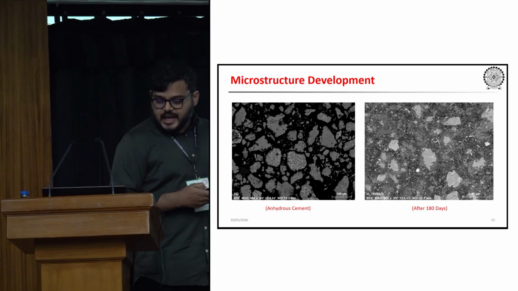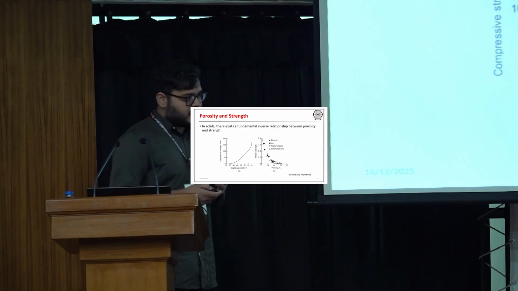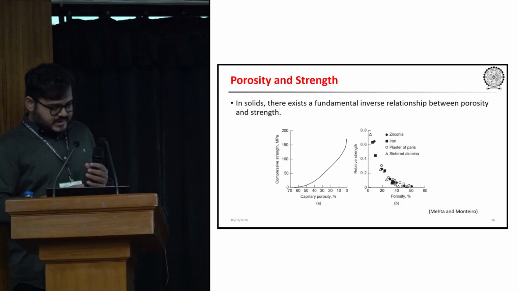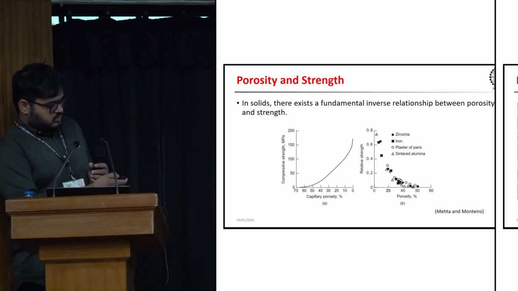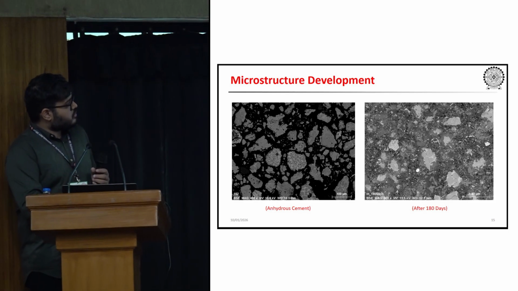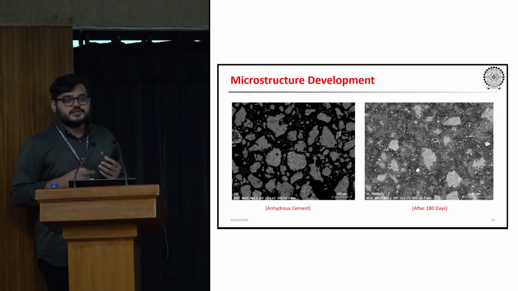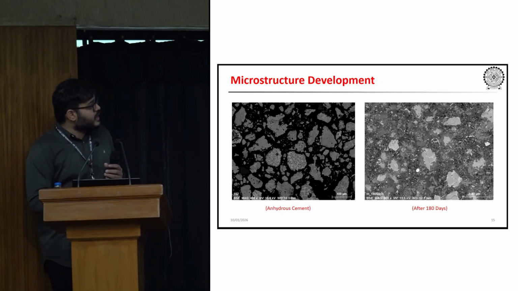And this porosity and strength have a very strong relationship. There is a fundamental relationship that the higher the porosity, the lower your strength is going to be, right? And so what happens in a cementitious system is that the porosity is getting minimized by the formation of these hydration products.